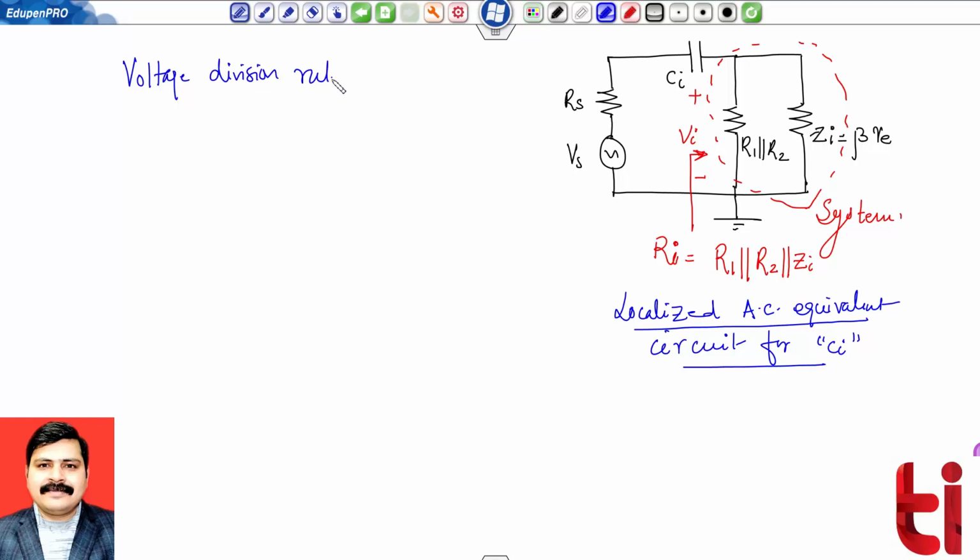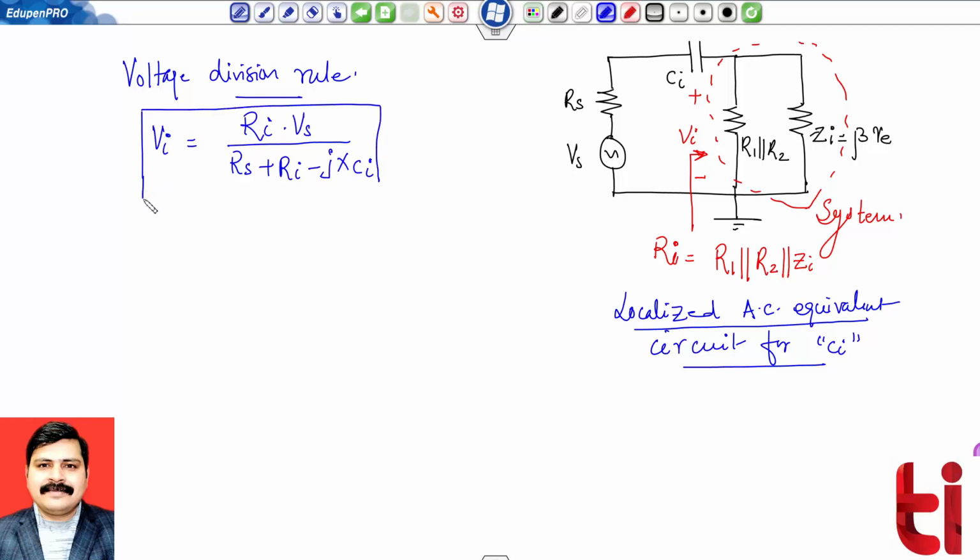Vi will be equal to Ri, my overall input resistance of this system, multiplied by the supply voltage Vs, divided by the addition of all: Rs plus Ri plus the reactance of the capacitor, which I am representing as minus jXCi. So this is my overall input voltage, the effective voltage that appears across the input side of the amplifier.